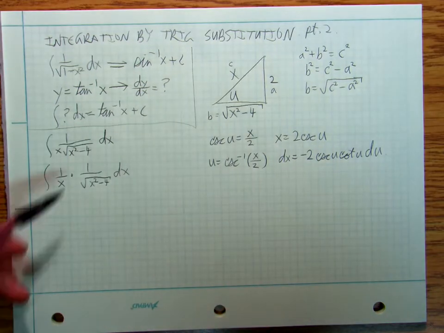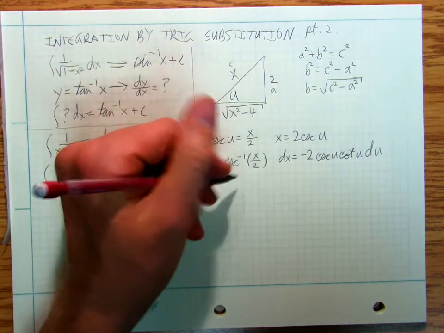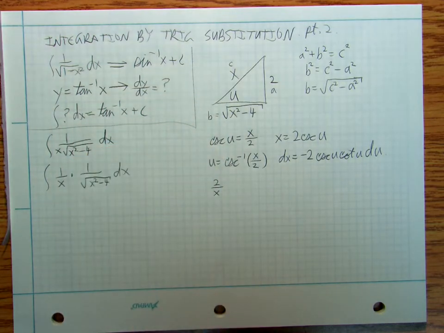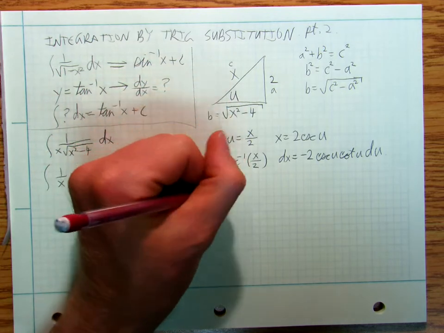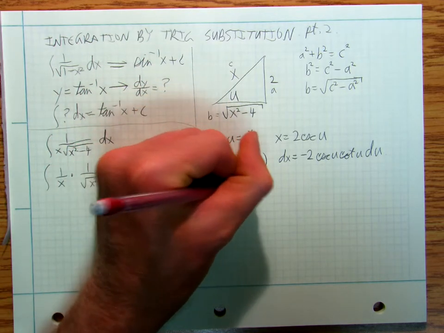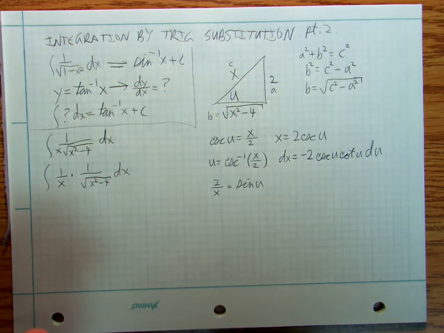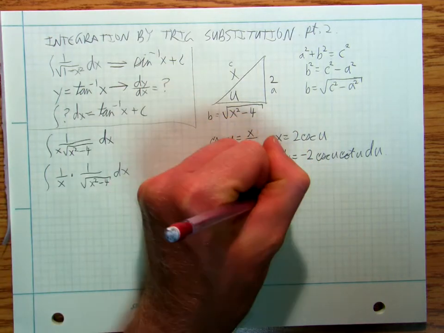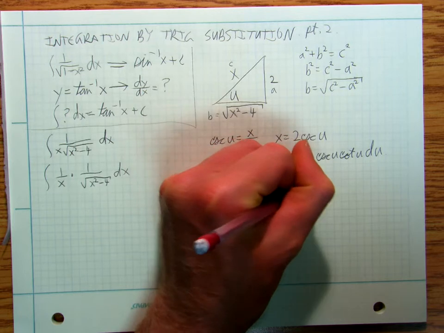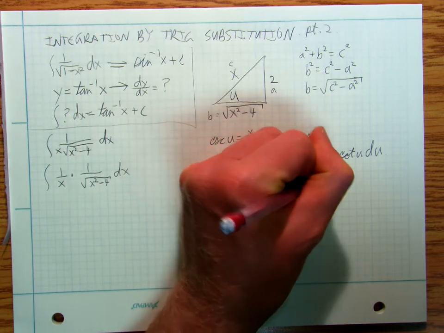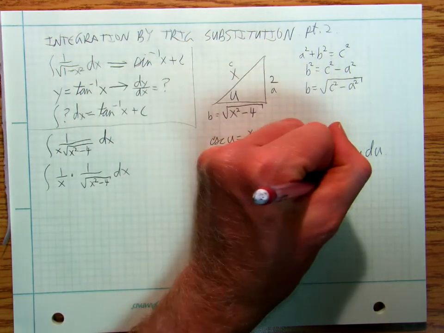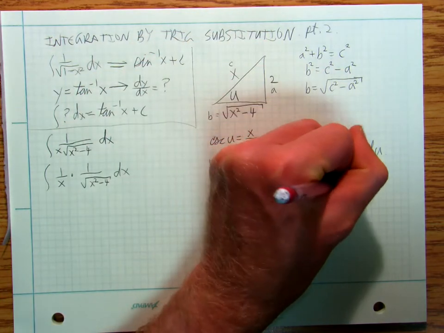Now I'm going to look at this. My 1 over x, well, I've got a 2 over x. We'll get to 1 over x in a second. Here I've got a 2 over x, and that's going to be equal to sine u. And I've got a 2 over square root of x squared minus 4, and that's going to be equal to tangent u.